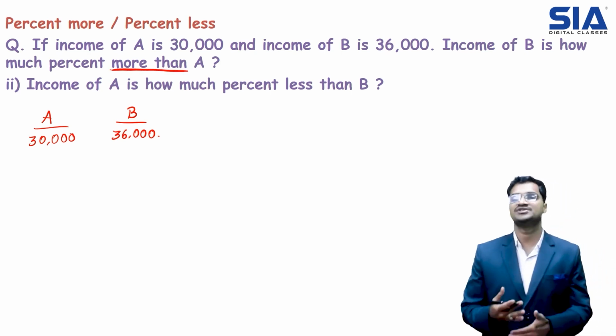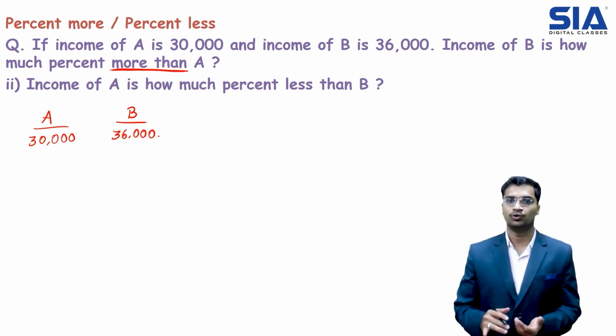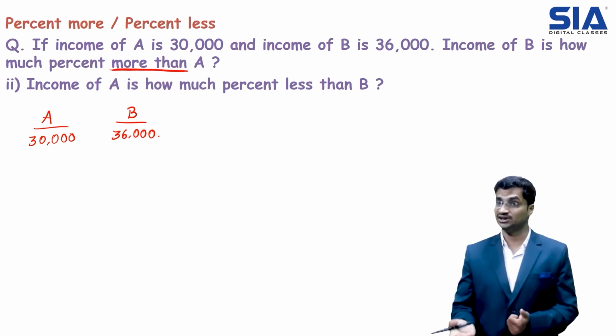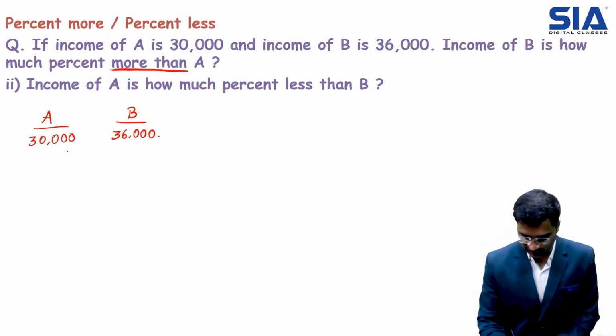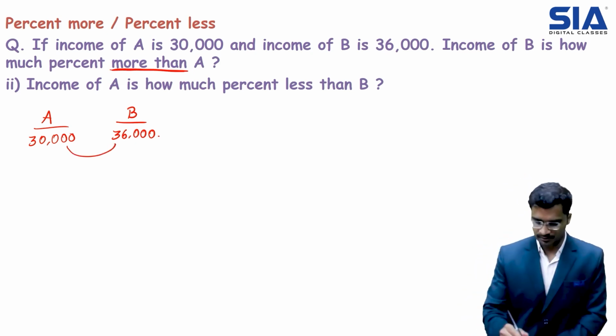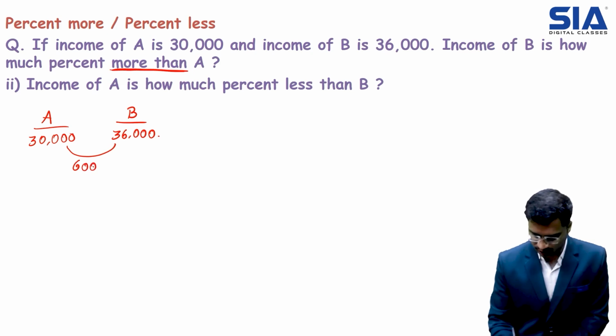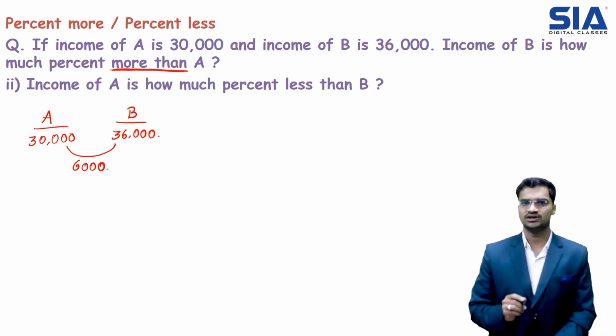So whenever I am seeing these values like more than, less than, percentage increase, percentage decrease, what I have to do is first of all find the difference. The difference between A and B is 6,000.